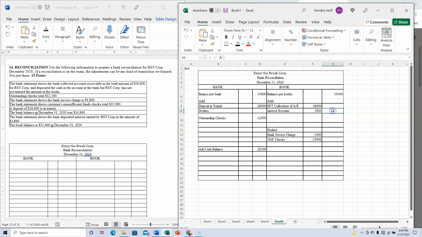And then I'm going to just subtotal these out. I notice that already has the negative there, so I can actually copy this formula over to here. And they equal out, which they should. So yay.